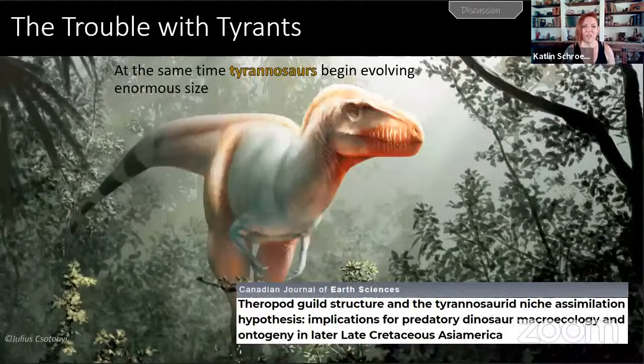The other thing is that the Cretaceous is when Tyrannosaurs become proper megatheropods, right? These guys start off fairly small, and they just balloon throughout the mid to end Cretaceous. And Thomas Holtz recently put out a paper exploring how Tyrannosaurs, specifically, might not have just been using ontogenetic niche shift to take over medium-sized carnivore niches.